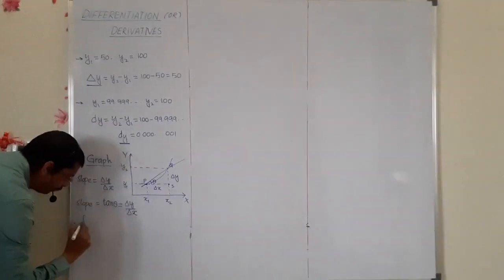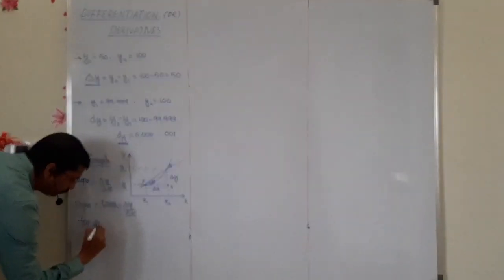If you take a very small value, the slope tan theta is equal to dy upon dx, which we call the differentiation of y with respect to x, equal to the slope of the tangent.